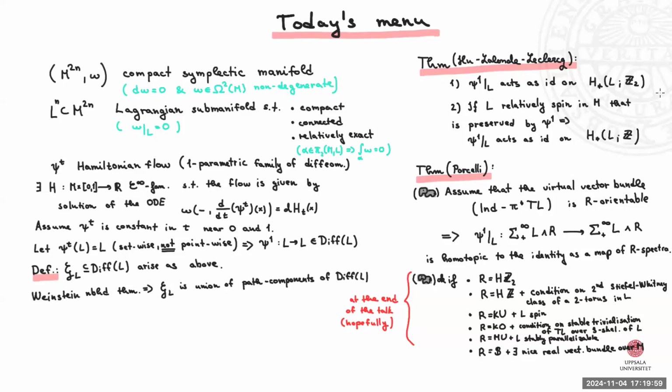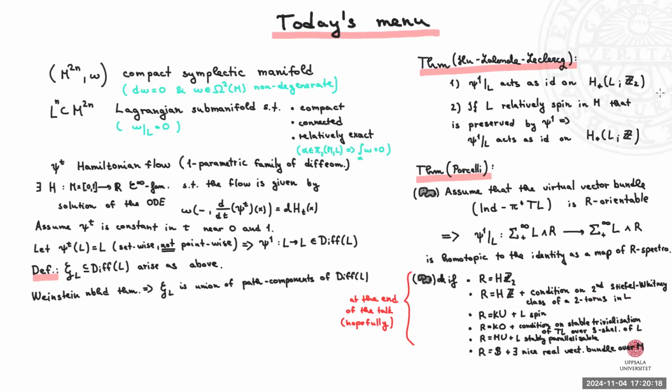However, if you choose the Eilenberg-MacLane spectrum of Z, then you have to put some condition on the second Stiefel-Whitney class of some two-torus living in your Lagrangian and somehow extending to the symplectic manifold.